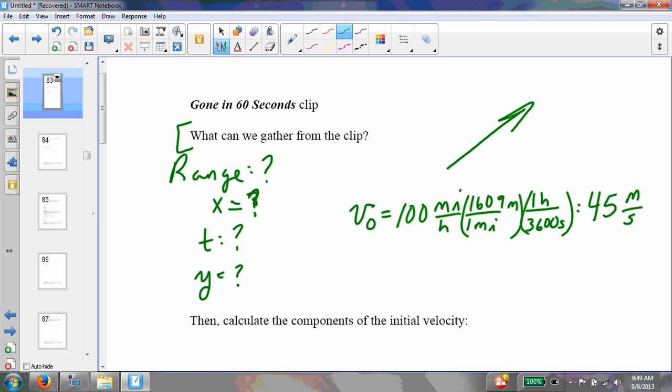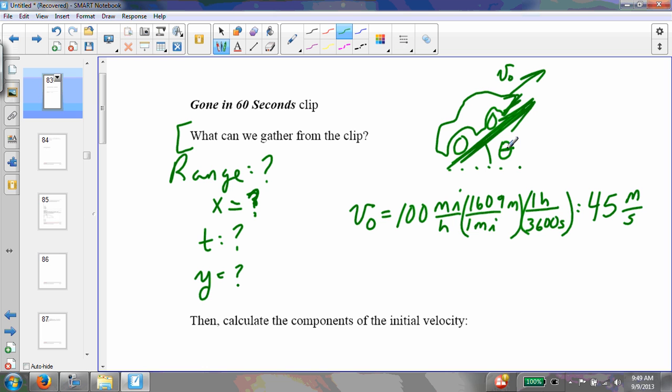Another thing that we need to know is that, well, let's just treat this as our ramp. This car is going off of this ramp. We know what his initial velocity is, but we also need to know, what is this angle theta? What do you think that angle theta is?